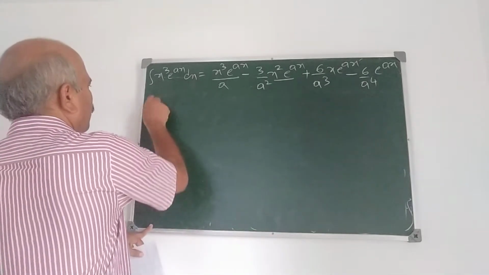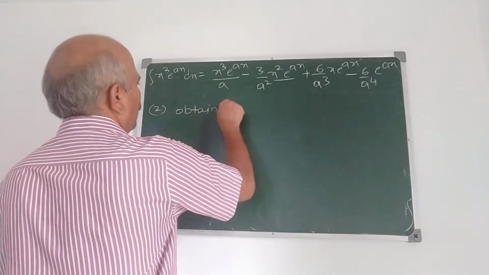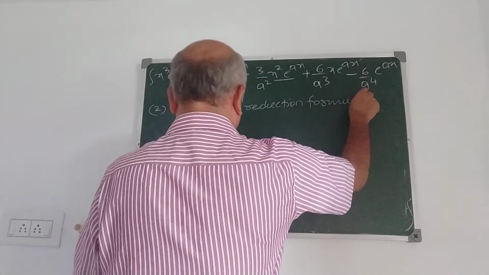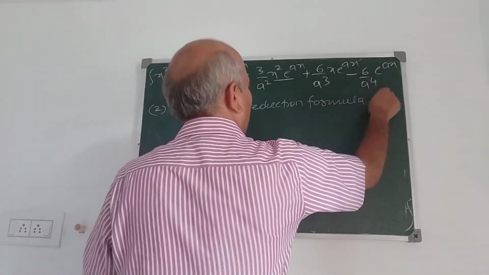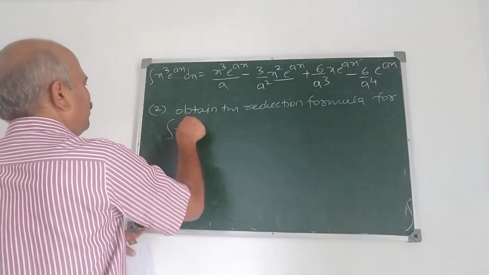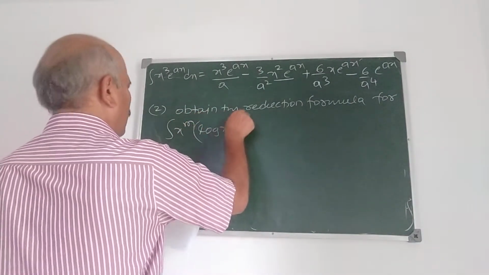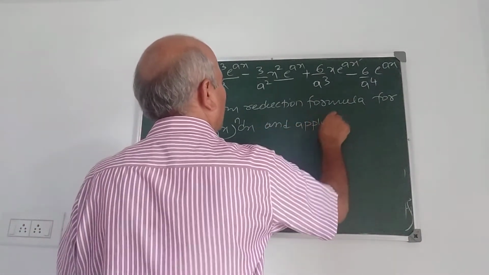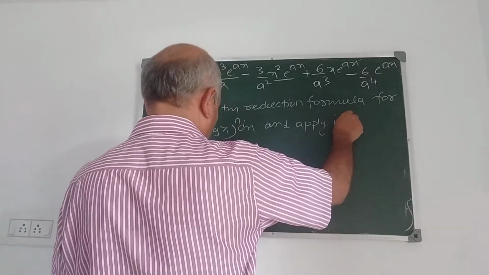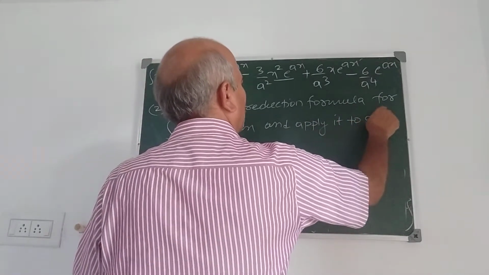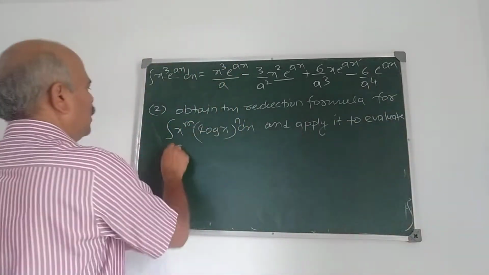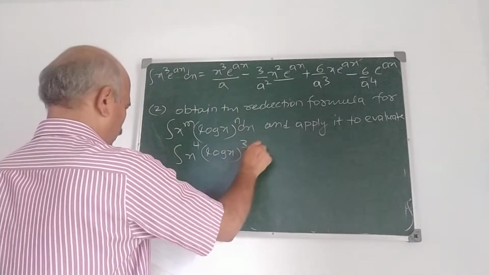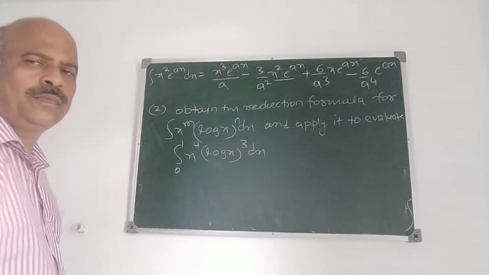Second, obtain the reduction formula for integral x raised to m log of x raised to n with respect to x, and apply it to evaluate integral x raised to 4 log of x whole cube with respect to x, integral 0 to 1, definite integral.